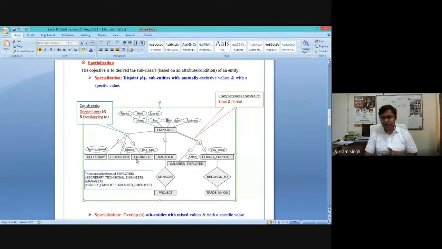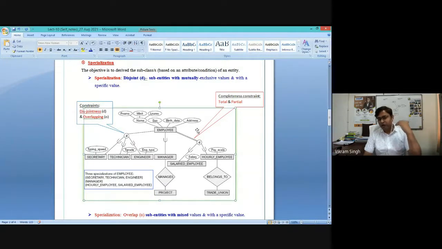Now if you see, there is another specialization which is performed for salaried and hourly employees. Suppose in our organization we have 100 employees. The first specialization we performed is based on the type of their designation, the type of their job, and we have created three sub entities.